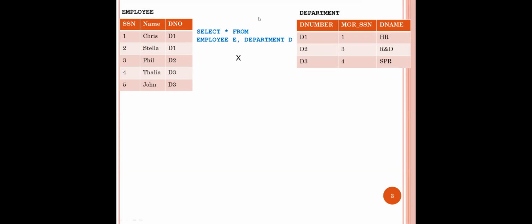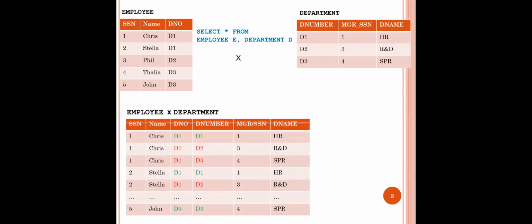And this SQL query here does not have the where clause. So we are dealing with the Cartesian product of these two tables. In that case, it means that we take one tuple from the employee relation and then we concatenate this tuple with all the tuples of the department relation. If we do that for all the employees, then we are getting this outcome.